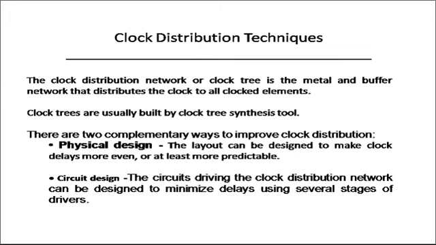A clock tree is usually built by a clock tree synthesis tool. There are different software tools which will do this task automatically. Automatically means that by an optimization method they will go for a better physical design or better distribution of the clock throughout the network.